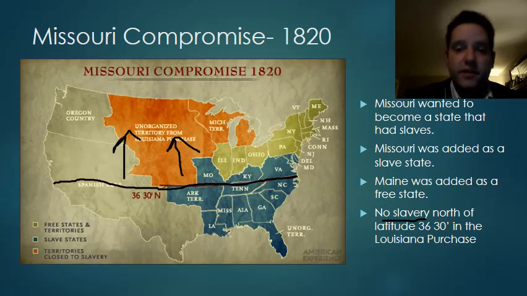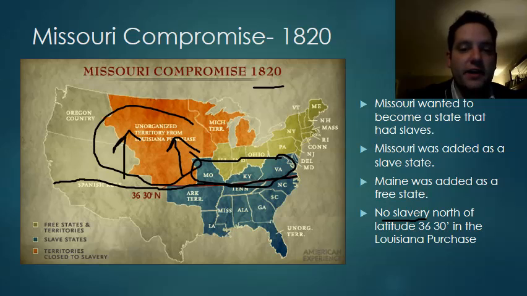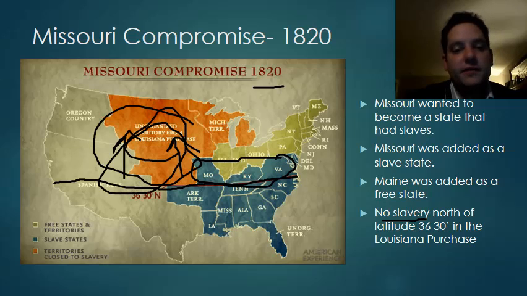Now you might ask yourself, Mr. Brown, why are these right here slave states? Because they're blue. Well, they had already been states. They were states when this law was enacted. So they were allowed to be slave states. But any other states, like over in here, nope. You're not going to be a slave state because it's north.